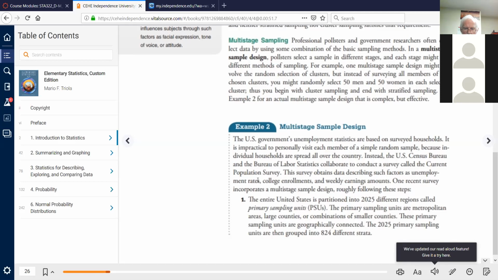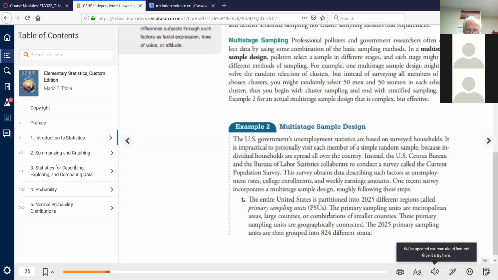So we look at very simple few questions: unemployment rates, college enrollments, weekly earnings. In this case, they talk about looking at these primary sampling units that they've defined. There's 2,025 of them in the U.S.